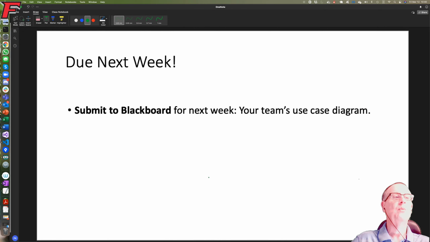So what I would like for you to do between now and next week is to have a go at putting together your team's use case diagram.